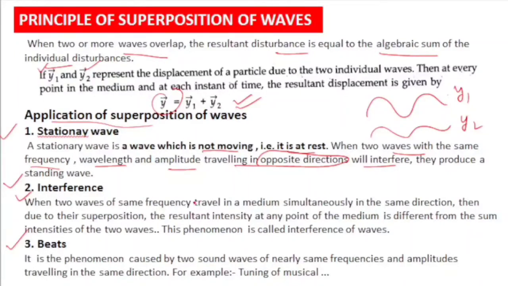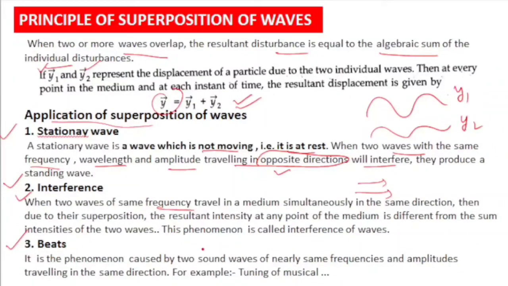Interference: here also two waves have the same frequency, everything is the same, but they are moving in the same direction. In a stationary wave, they move in opposite directions; here both waves move in the same direction. When these waves interfere, the interference phenomenon takes place. And last is beats.